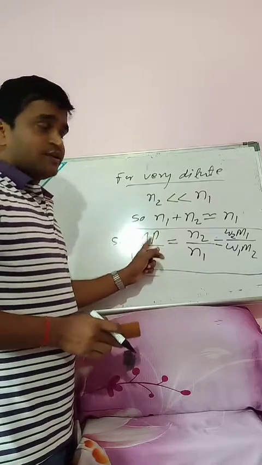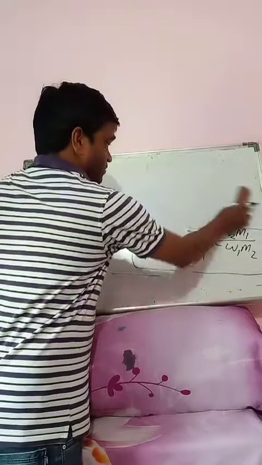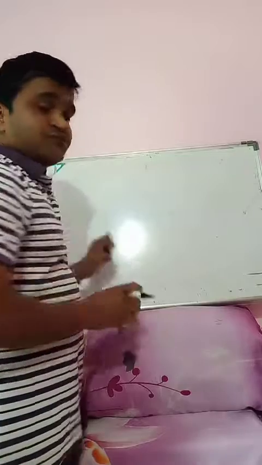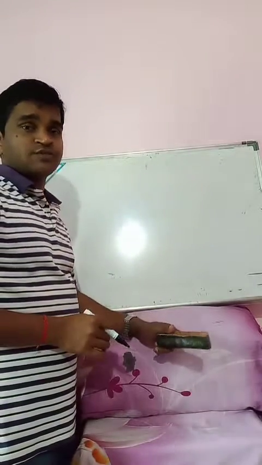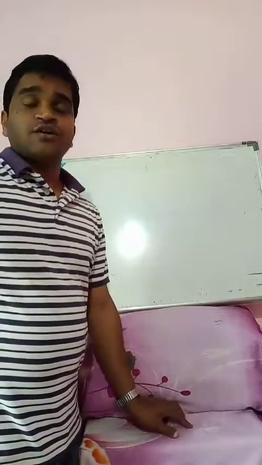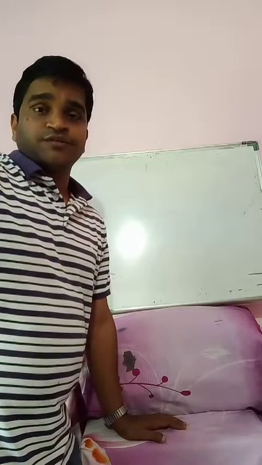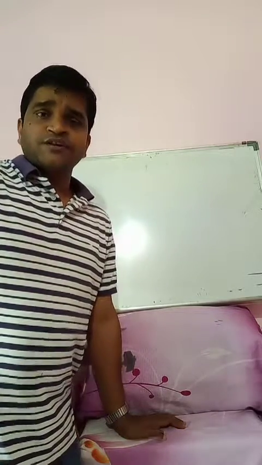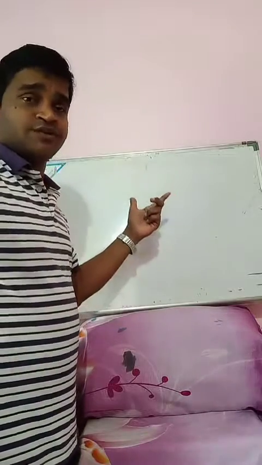And these colligative properties are used to determine the molecular mass of a solute, that is M2, for proteins or any macromolecules like polymers. For proteins or macromolecules, the molecular mass is very large, which can be determined by using the colligative properties data.